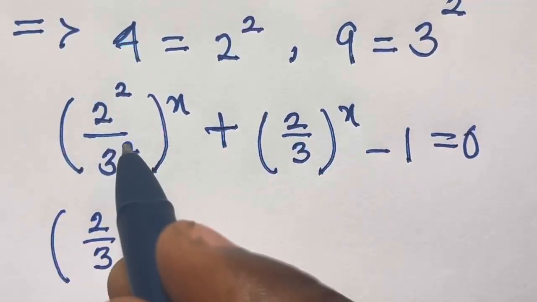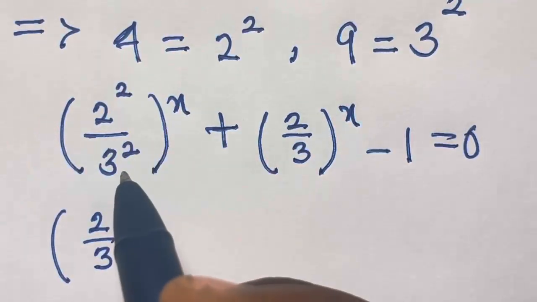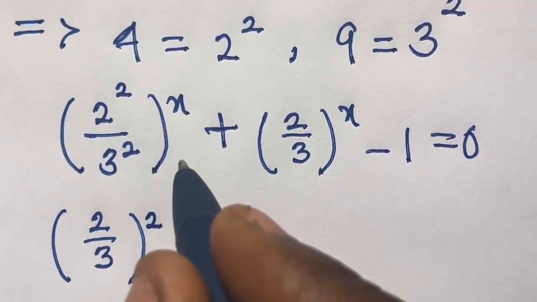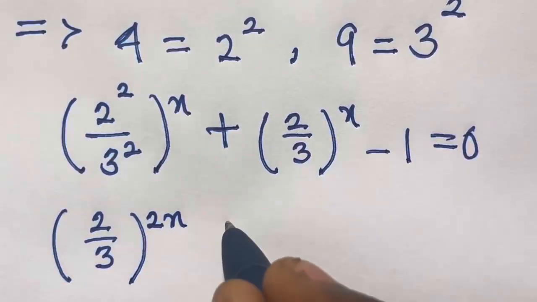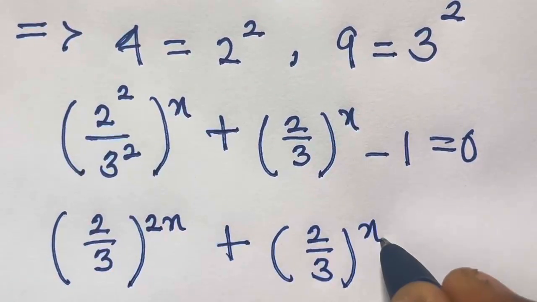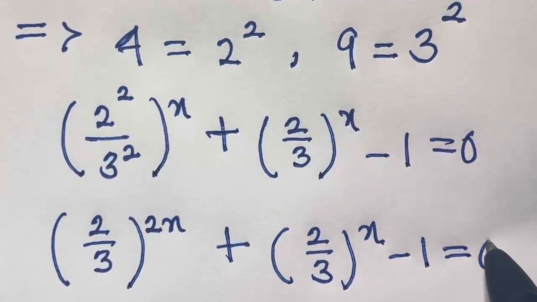Because this is raised to power 2, we multiply 2 by x, giving us (2/3)^(2x) + (2/3)^x - 1 = 0.